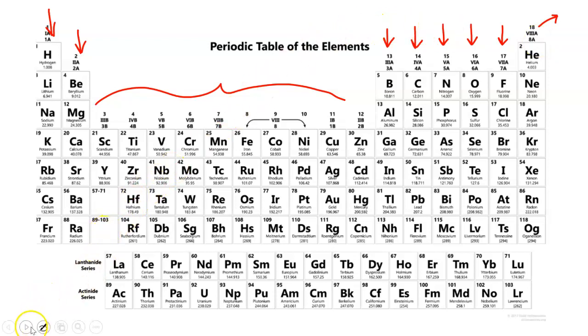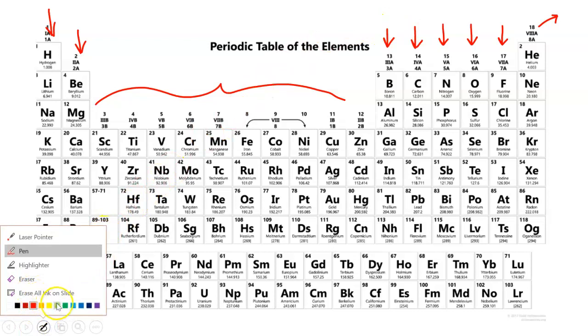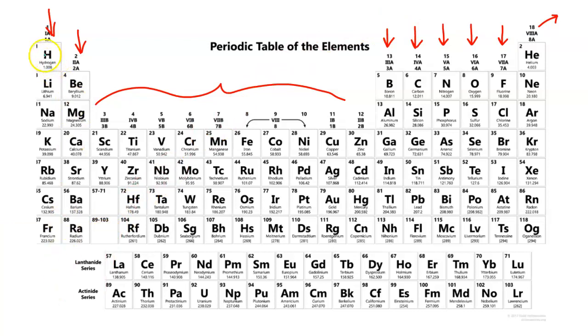But really the thing that I want to show you is that our group numbers are actually on the periodic table. The periodic table you're using, the one you printed from your D2L lab or lecture, should be the same. What you have here is a group number: 1A, 2A, 3A, 4A, 5A, 6A, and then 7A.